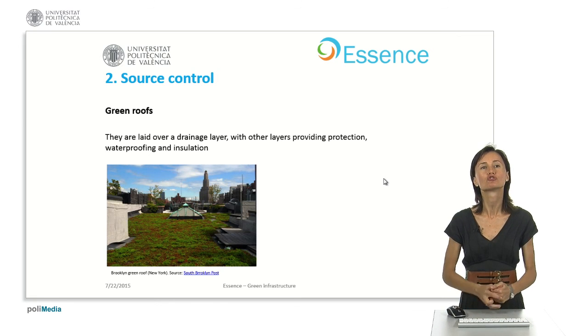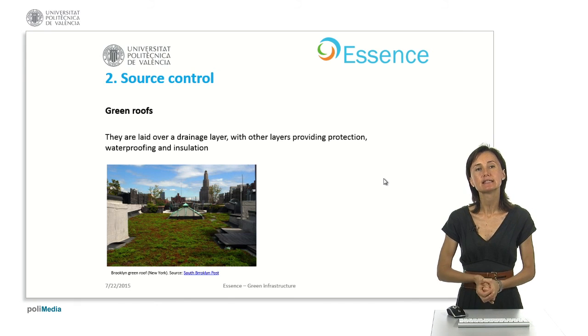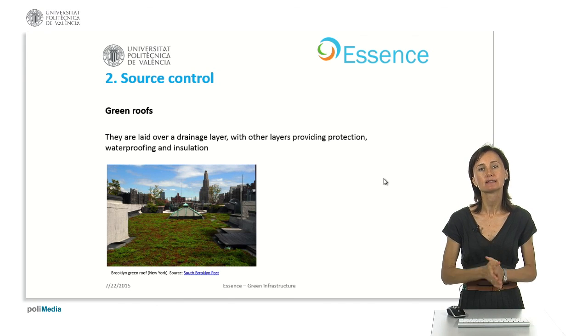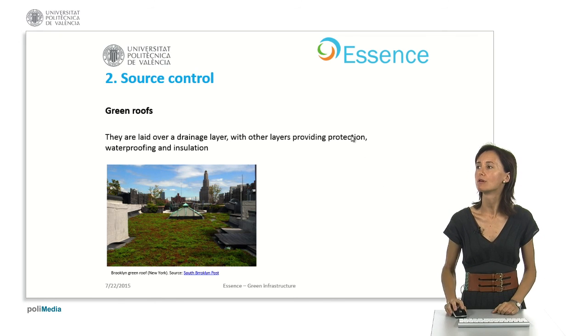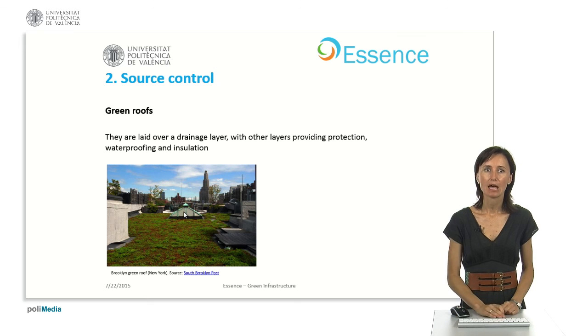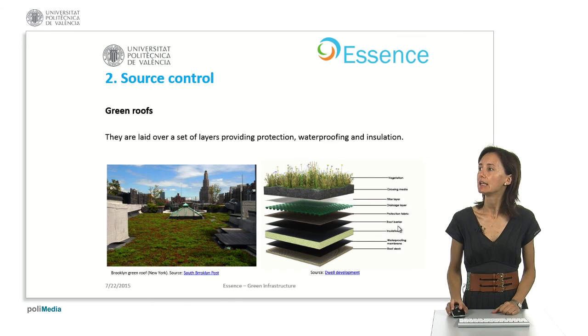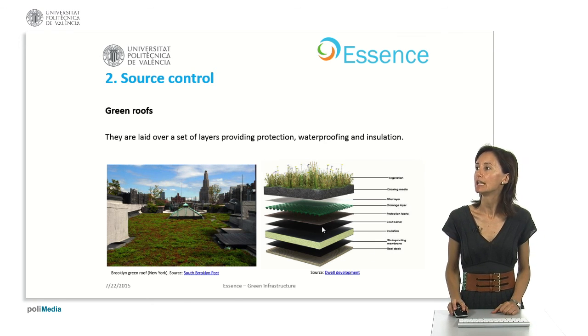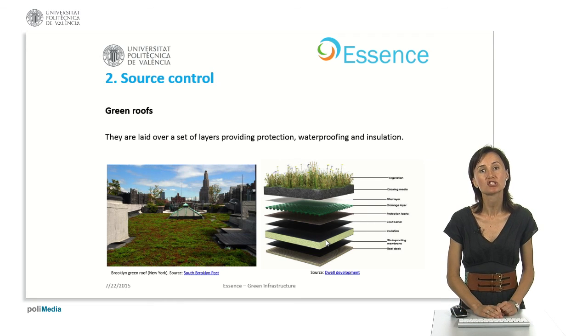Starting with source control components, we have green roofs, which are systems that cover a roof of a building with vegetation, and they are laid over a set of layers that provide protection, waterproofing, and insulation.